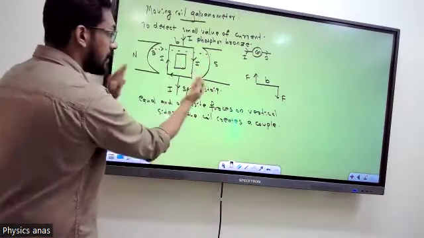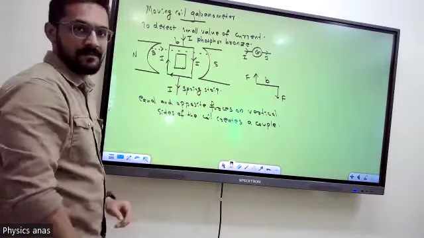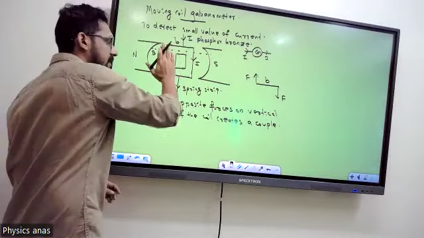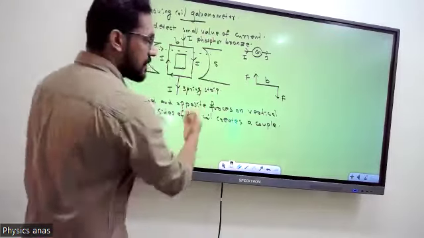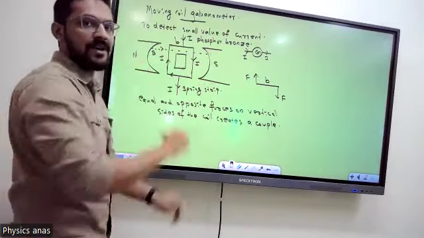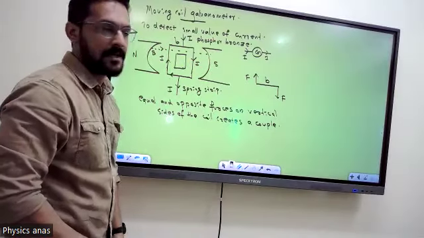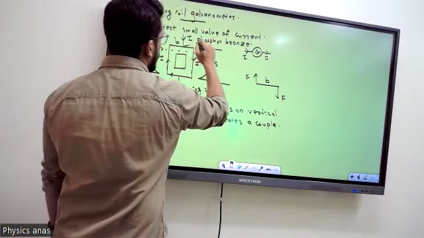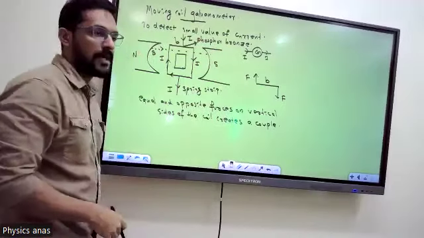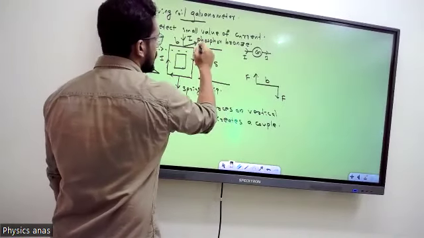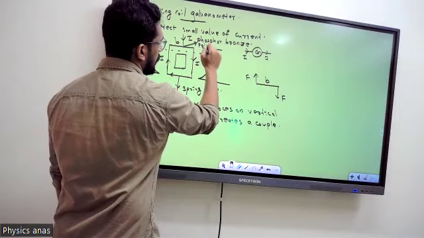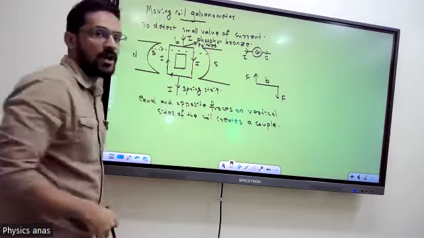So due to this couple, this coil will turn. There is a force in this direction and a force in this direction, so the coil will turn if current passes through it. There will be a pointer on the coil.